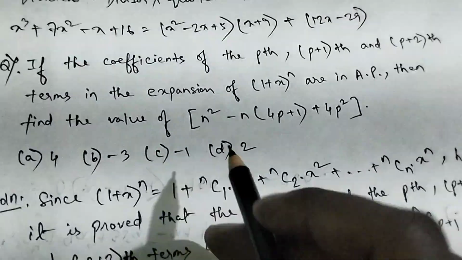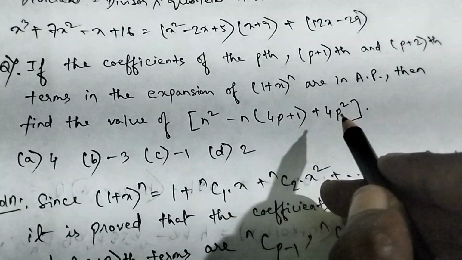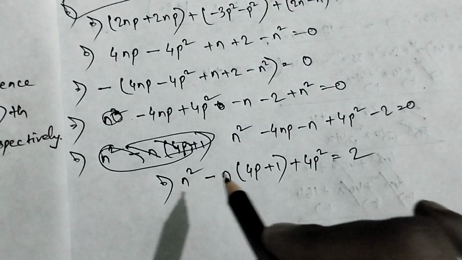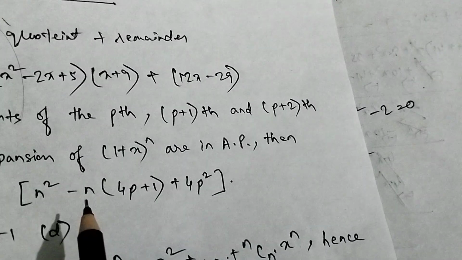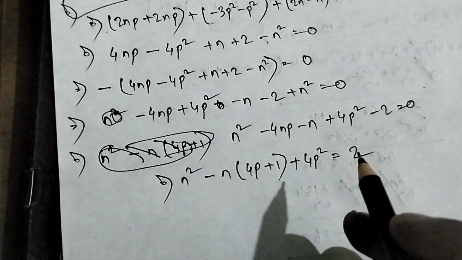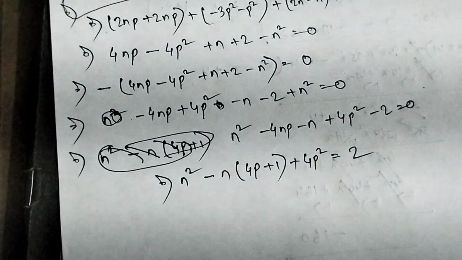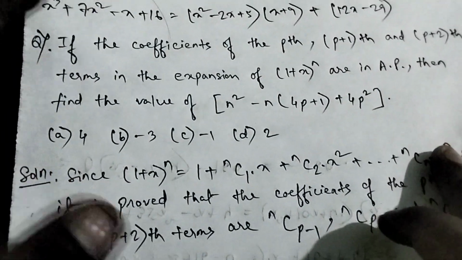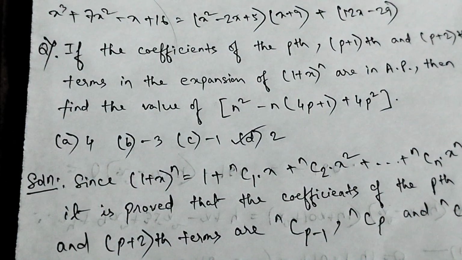See, n square minus n into 4p plus 1 plus 4p square is 2. So the value of this expression is 2. So which option do you think is correct? Certainly option number D is the correct one.